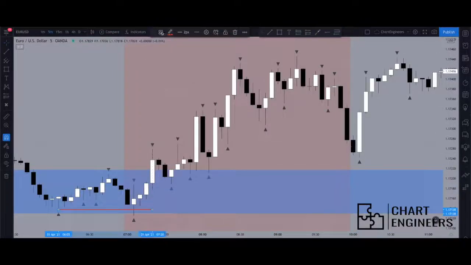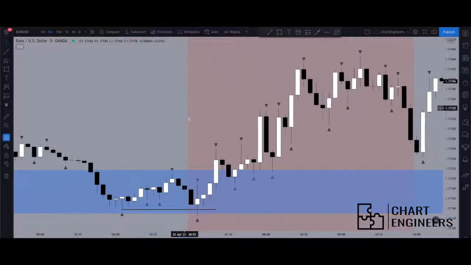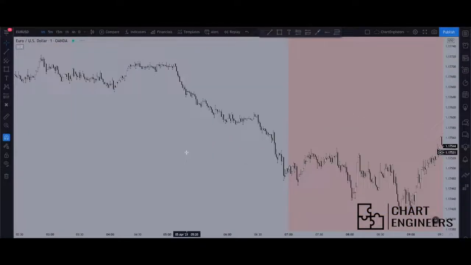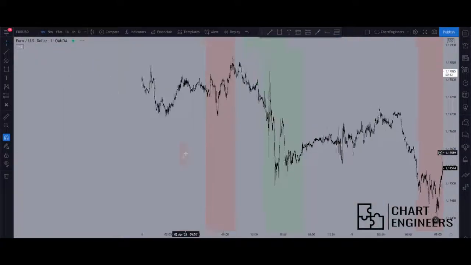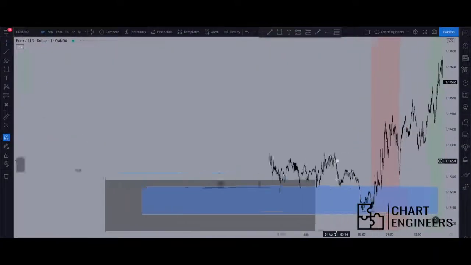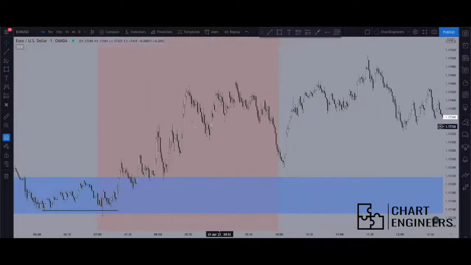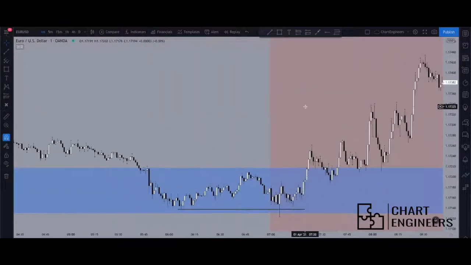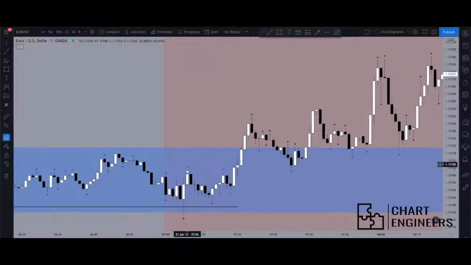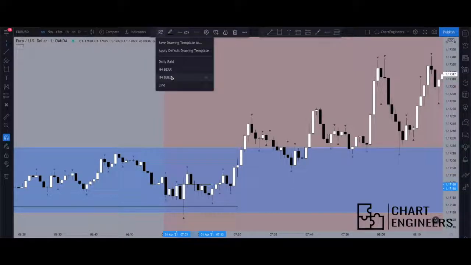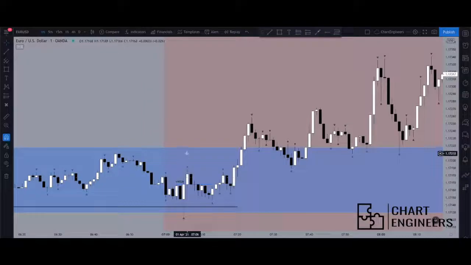So a 5-minute liquidity raid over here at 7:05, and then you just want to go to your 1-minute time frame. Mark out your structure break. So here's a raid, and here's your most recent structure high, which would be your M5 structure break.